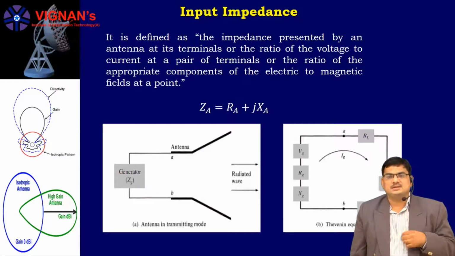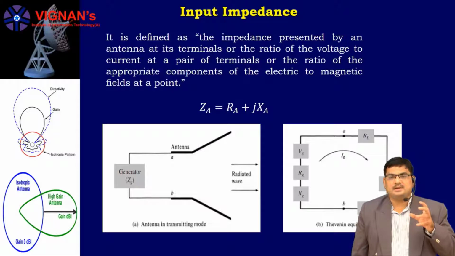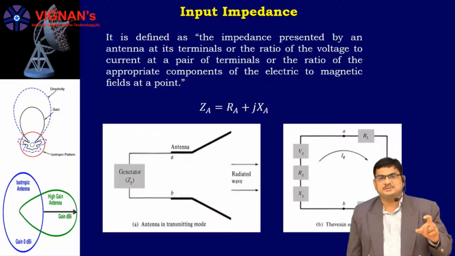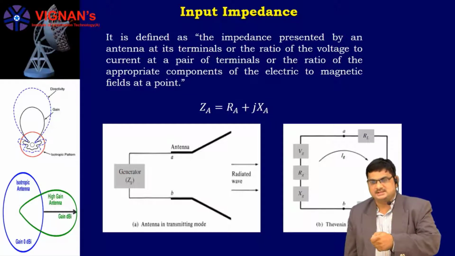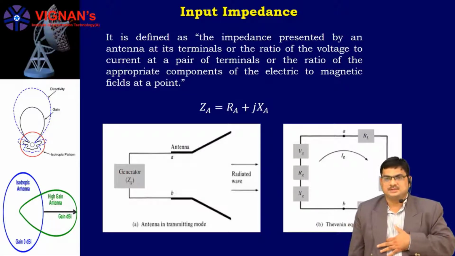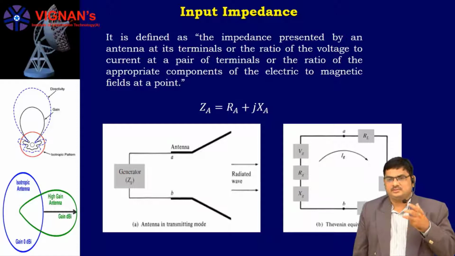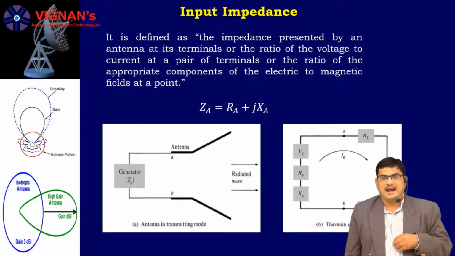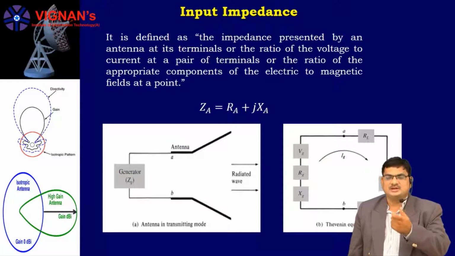Due to this current, some power is radiated from your transmission line to the free space. Actually, in general, antenna impedance Zi equals V by I, that is the applied voltage by the input current.